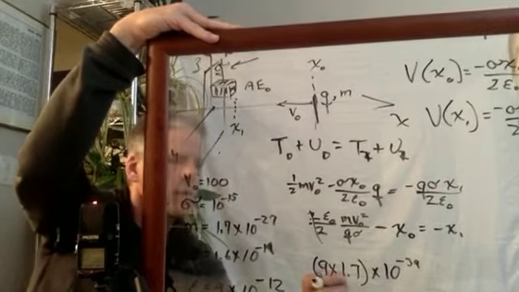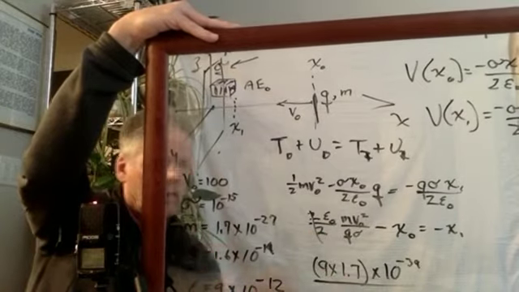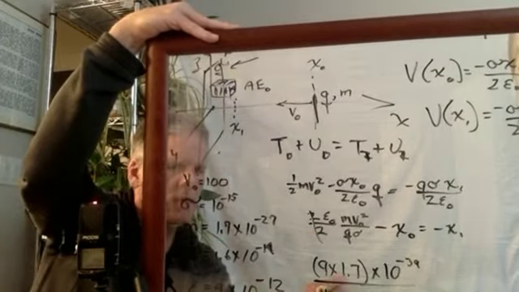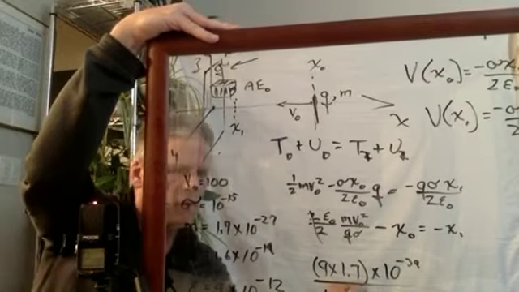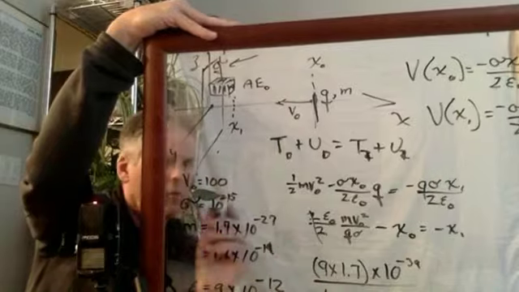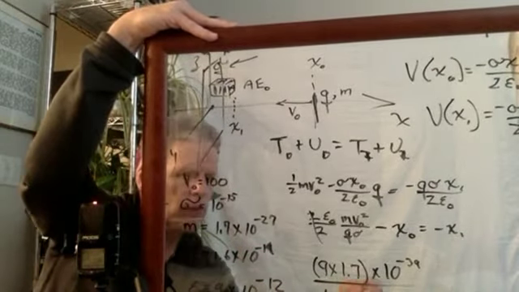Okay, and this is over q times sigma. Q is 1.6. Sigma is just 1 times 10 to the minus 15th. So it's 1.6 times 10 to the minus 15th and 10 to the minus 19th, which is 10 to the minus 34.